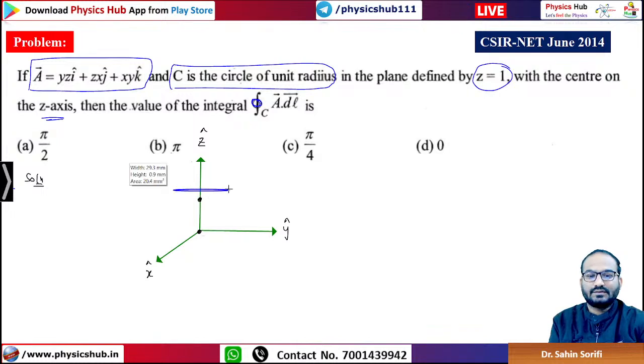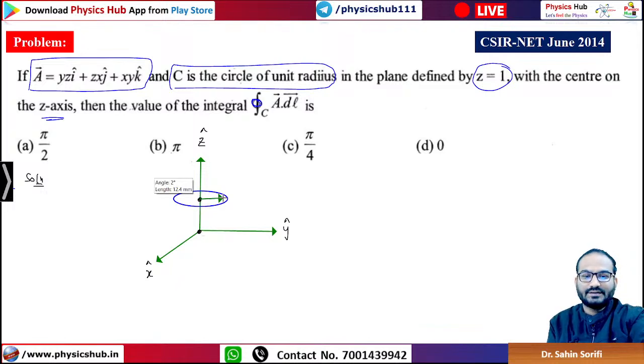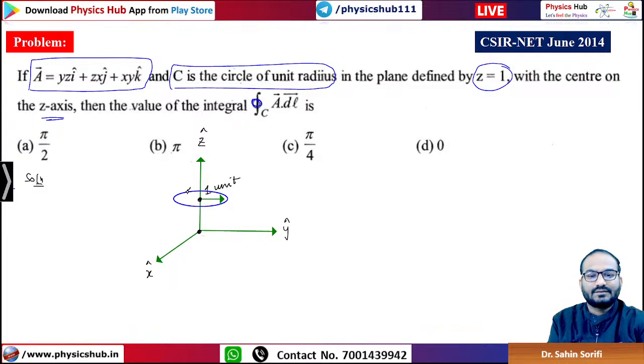Means the circle is like this. It has unit radius, this is 1 unit, and this curve is termed to be C. So you have to find out this closed integration of A dot dl.